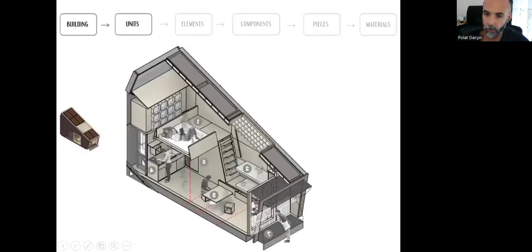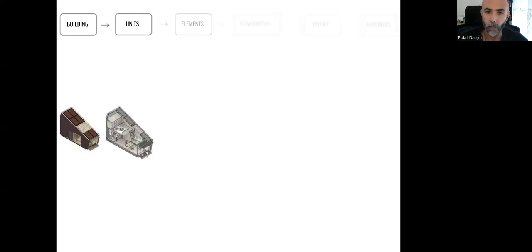These are the living spaces for the user. They can be closed, semi-closed, or open areas. And we make decisions about their properties, like their sizes and connections and positions and relationships. And each unit will provide certain functions along with the building itself, the whole envelope itself.